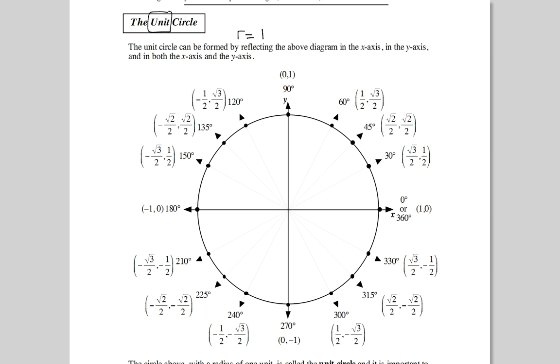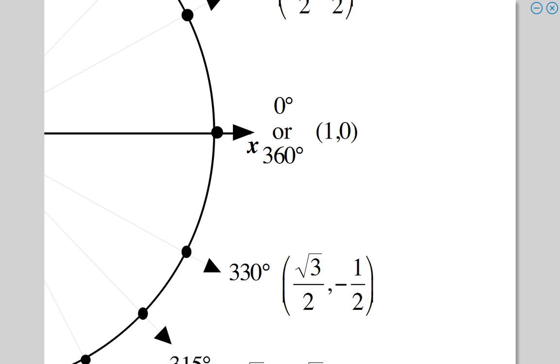It's the easiest circle we could ever work with, where all these hypotenuses, is that the plural for hypotenuse? Hypotenae. All these hypotenae have a distance of 1, okay? So that's what's nice about the unit circle. All the r values are 1.